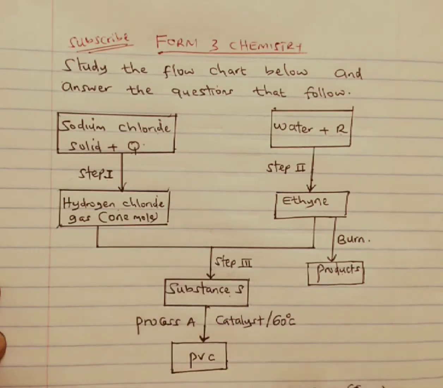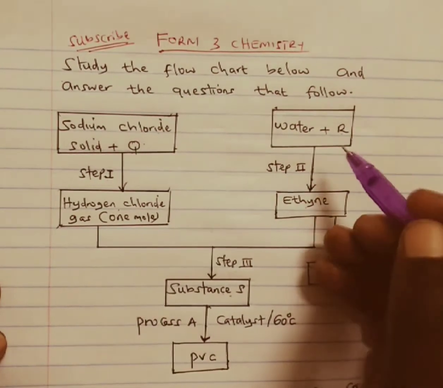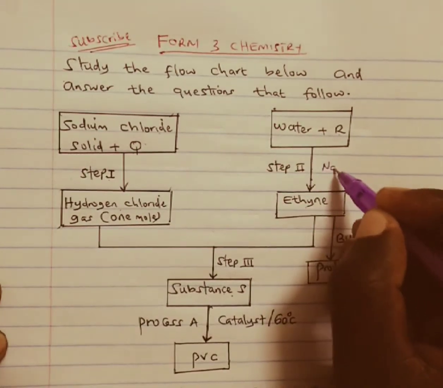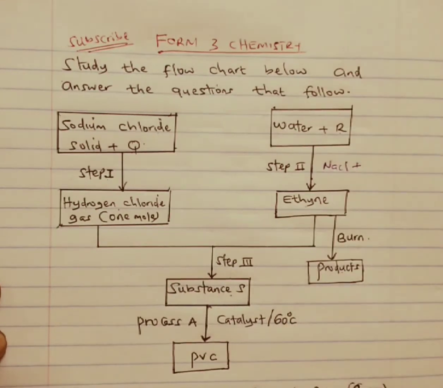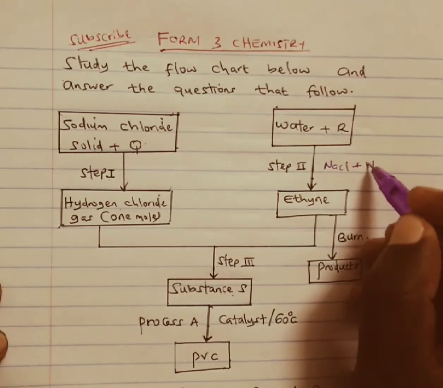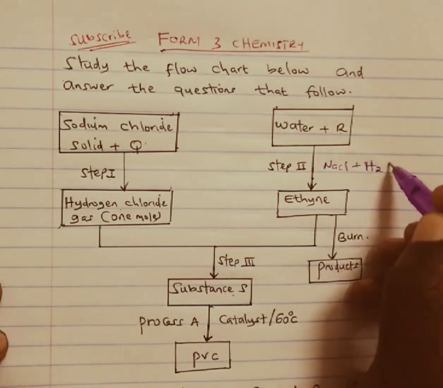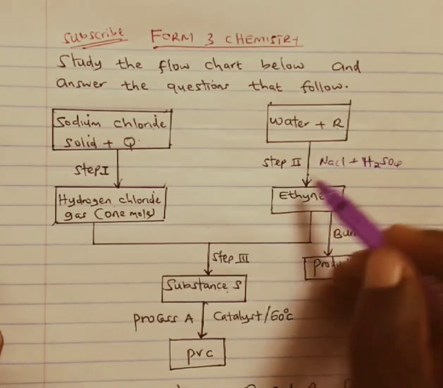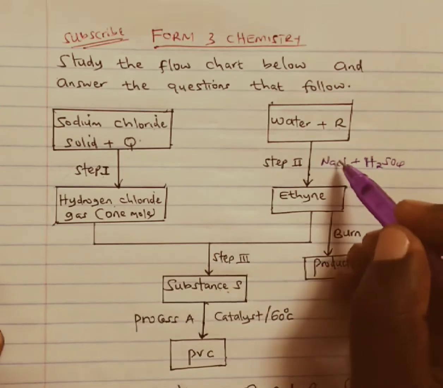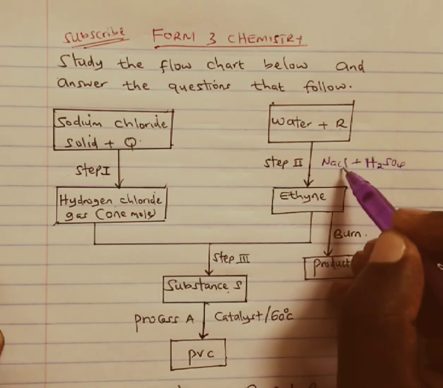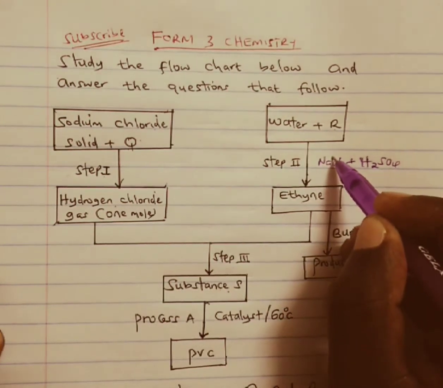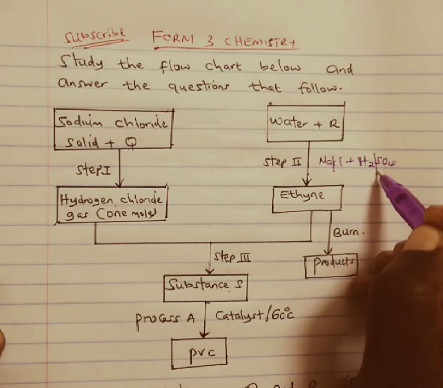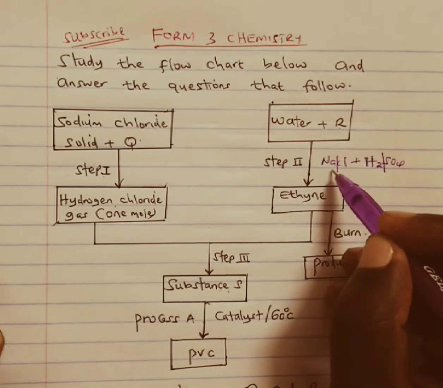Now, we have sodium chloride, which is a solid, plus Q to give us hydrogen chloride gas. And we know that the reaction between sodium chloride and concentrated sulfuric acid will give us hydrogen chloride gas. That is, sodium chloride is made up of sodium and chlorine. Then sulfuric acid is made up of hydrogen and the sulfate part.